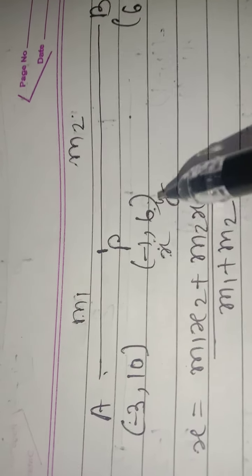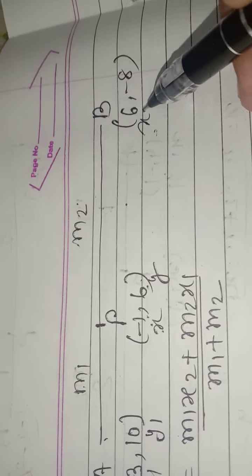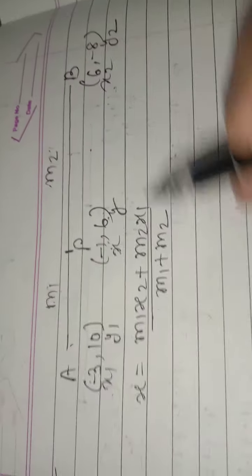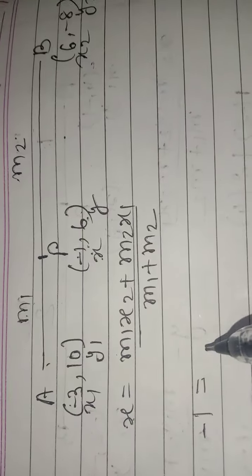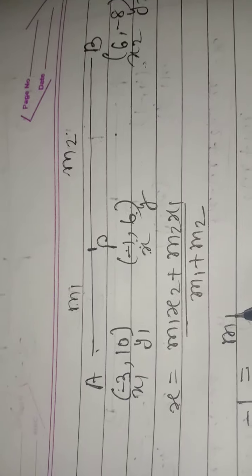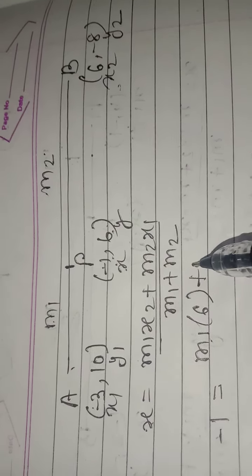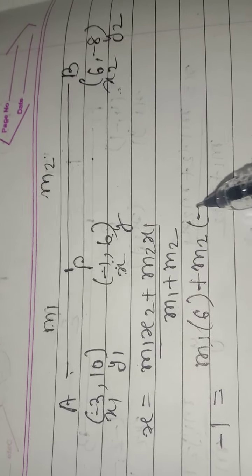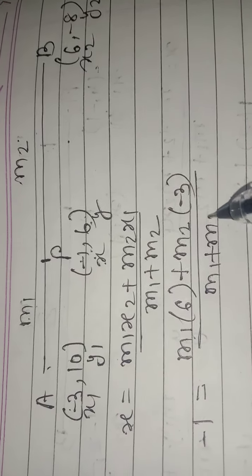See, it is x1, y1, x2, y2. Now the value of x is minus 1, here minus 1, m1, which we do not know. x2 is 6, m2, x1 is minus 3, upon m1 plus m2.